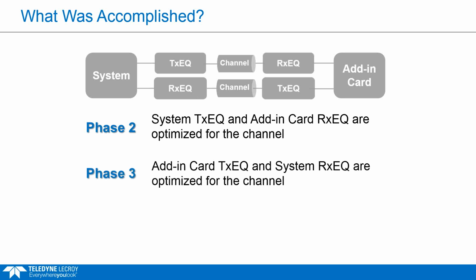If you plug that add-in card into a different system, it would come up with different settings. Even if you maybe change the temperature or you reseated the card, it may come up with different settings. I've seen a lot of devices that if you just run the process a few times, it may come up with some different settings. So this is definitely not a static thing. It's dynamic, and it's configured every time you plug these two pieces together.